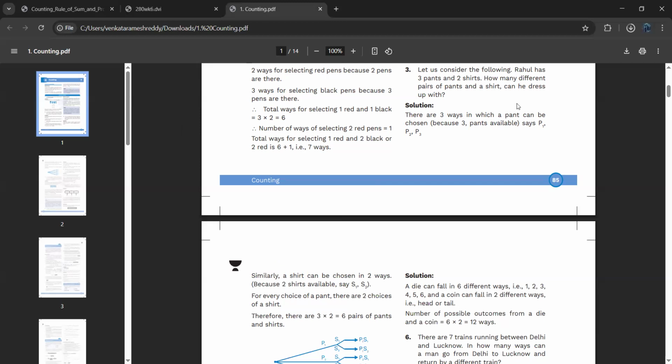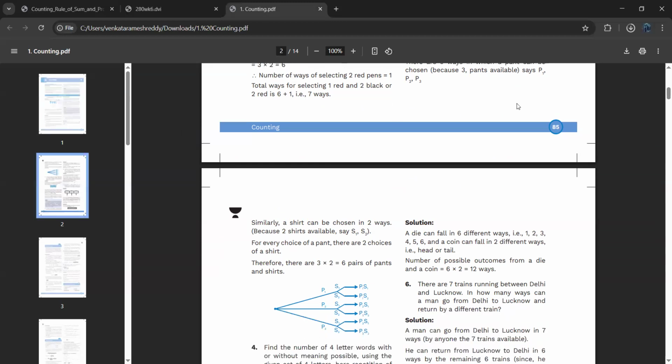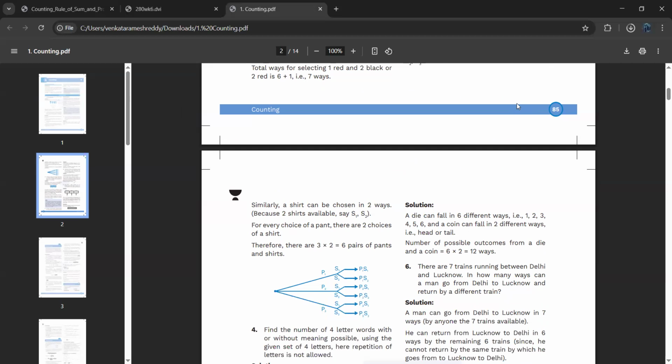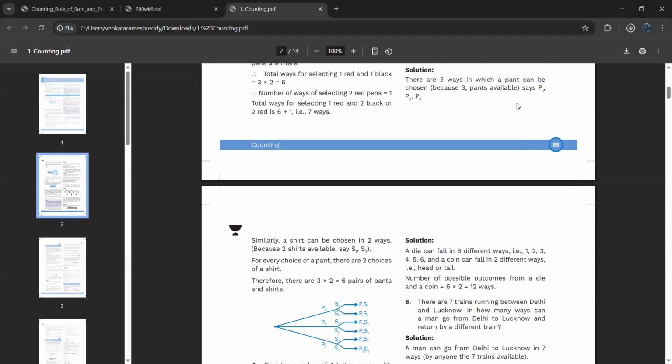It means they are asking in how many ways he can make a pair to dress. It means how many ways he can wear a shirt and pants. So these shirts and pants are independent of each other. Whenever you see things independent of each other, you need to multiply.